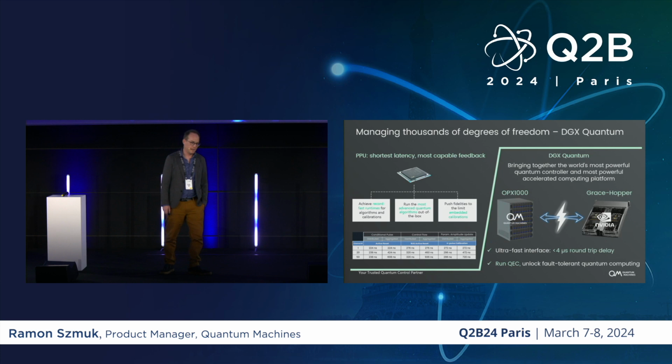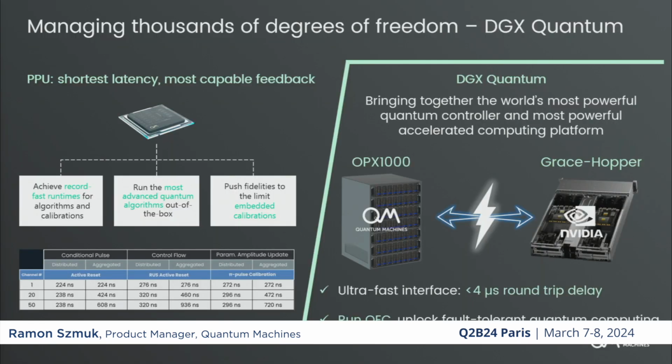And so for that, we've partnered with NVIDIA, basically, to create a new product, which we call DGX Quantum, which is basically a low latency interface to an NVIDIA server, a Grace Hopper server, the new generation of super chips from NVIDIA, which include a CPU and a GPU, 250,000 threads, 144 gigabyte of on-chip memory.